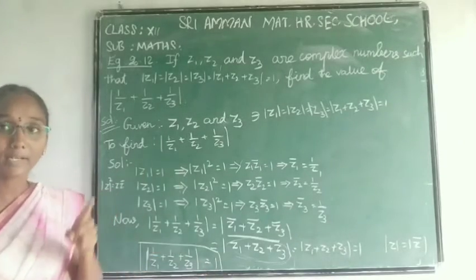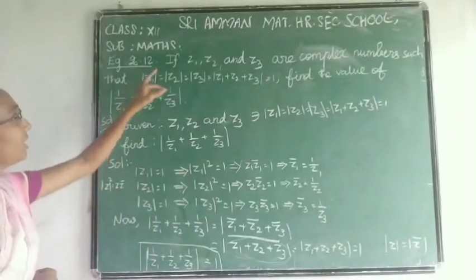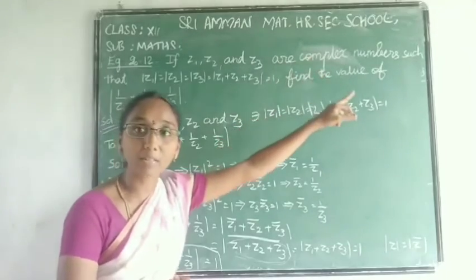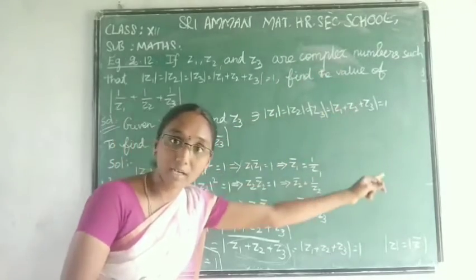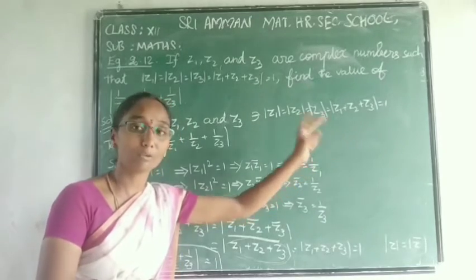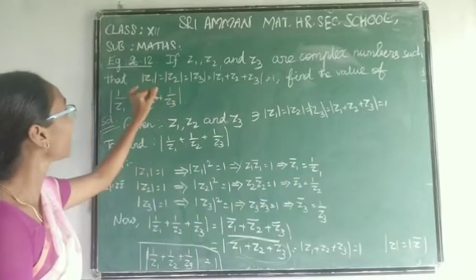Okay, once again I will say, listen carefully. If Z1, Z2 and Z3 are complex numbers satisfying some conditions, given such that, what are the conditions satisfied?